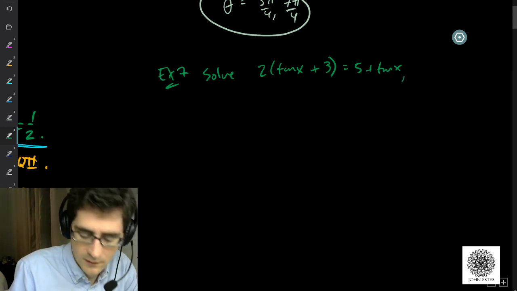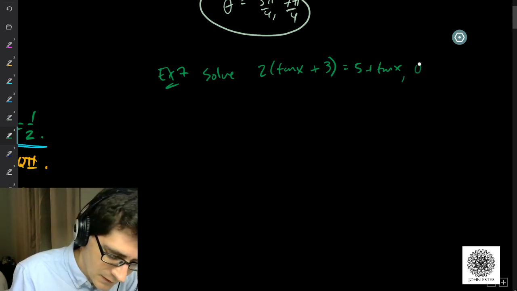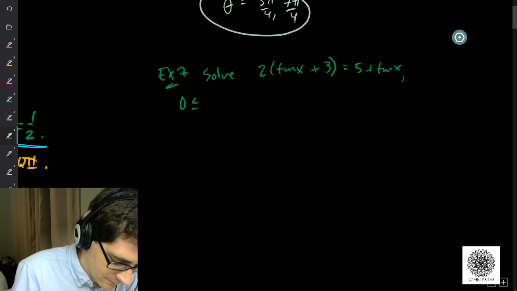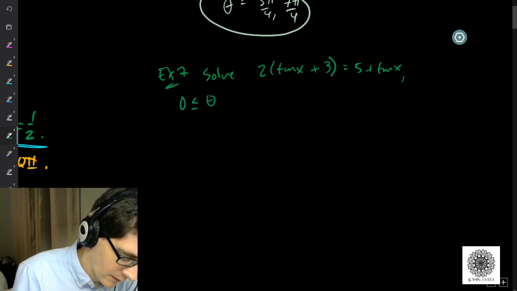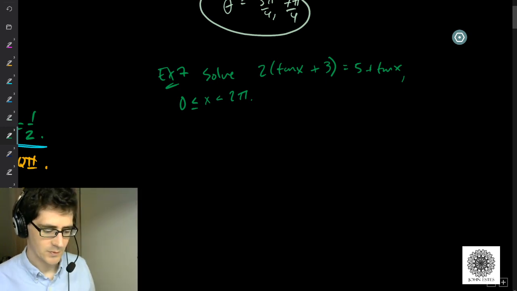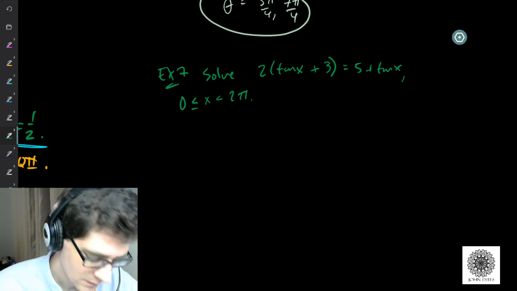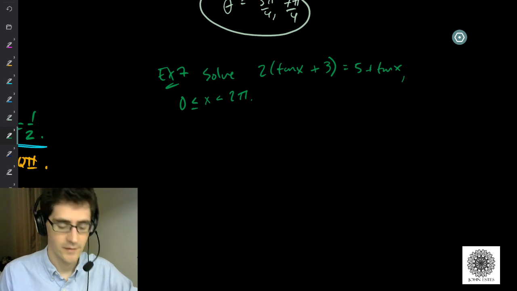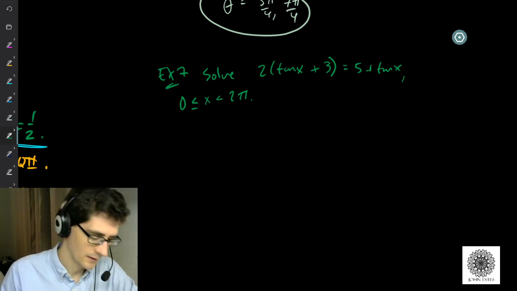And here we are, again, restricting ourselves 0 to 2 pi. Oops, and our angle is not theta this time, it's x, right? So we're going from 0 to 2 pi. Okay, so I want to solve 2 times tangent x plus 3 equals 5 plus tangent x.